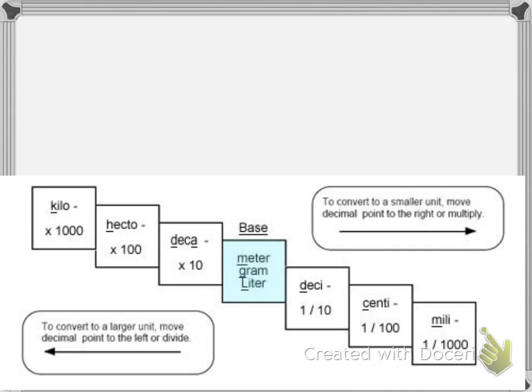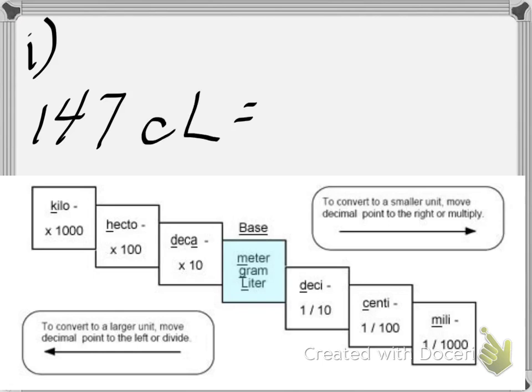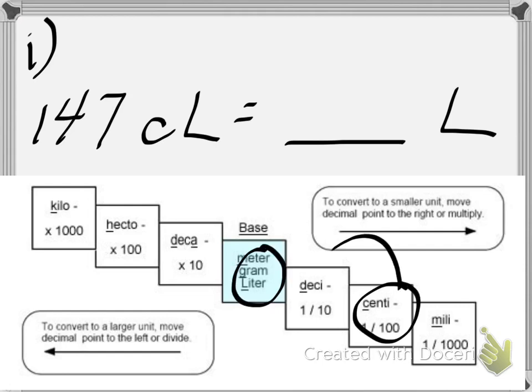Let's go ahead and look at another one. We'll look at I. I is 147 centiliters, and we're going to make it into liters. So we're starting with centiliters and we're going to liters. So we're going two places to the left.